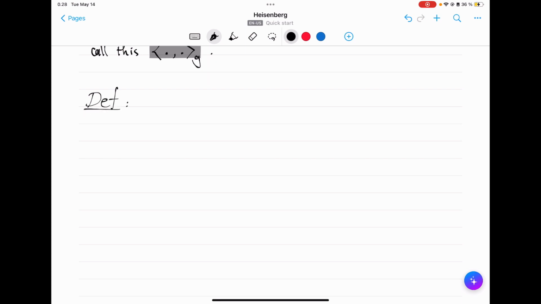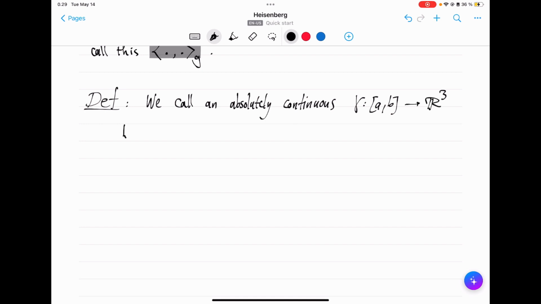So the definition is, we call an absolutely continuous curve from a compact interval into R3 horizontal if gamma prime of t exists, which it does because the curve is absolutely continuous.